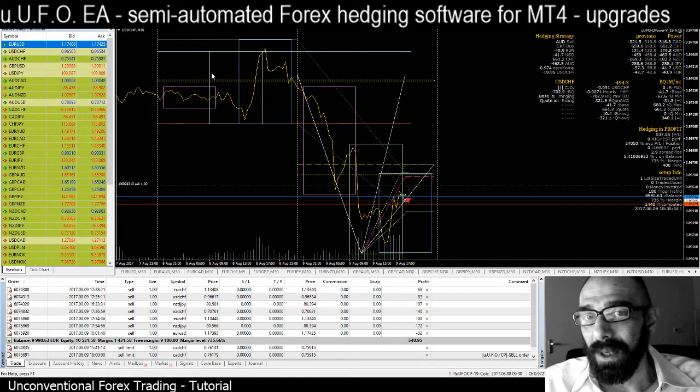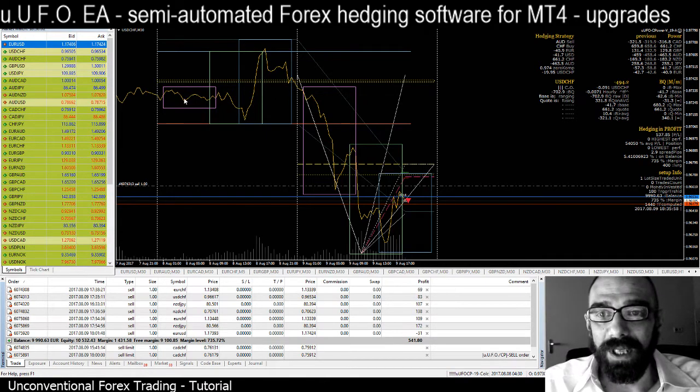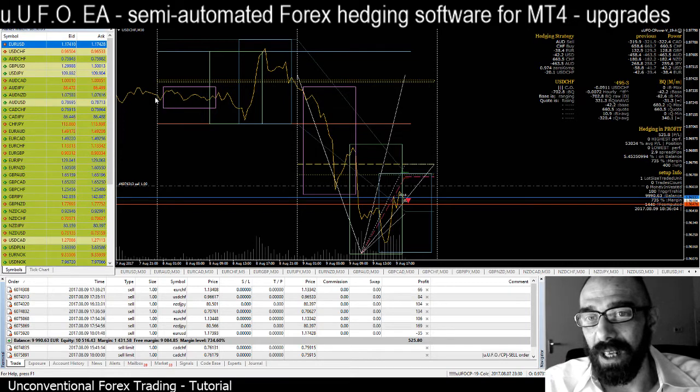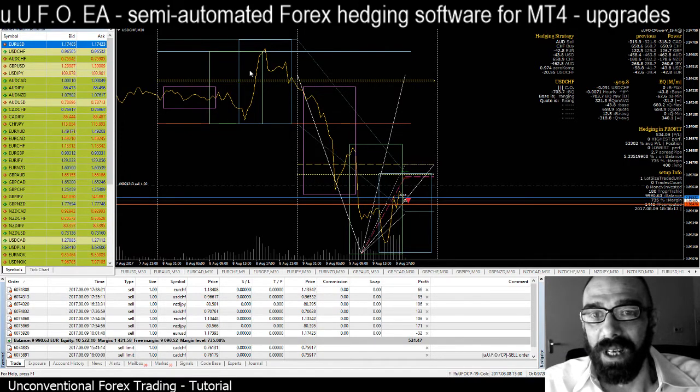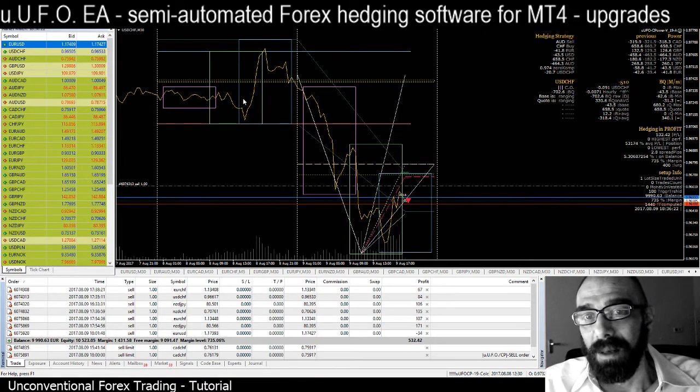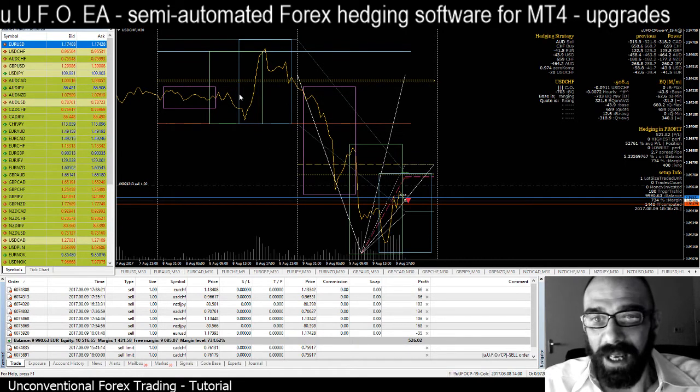So we can do a bit of backward analysis, like we see that in the Asian session of yesterday the price was quite ranging, but for sure they placed some selling orders here and some buy orders at this level. Then when the European session developed, the big move happened, and there can be big events at the beginning, in the middle, or at the end of these main sessions.